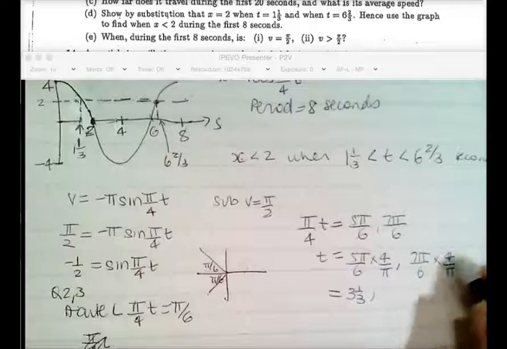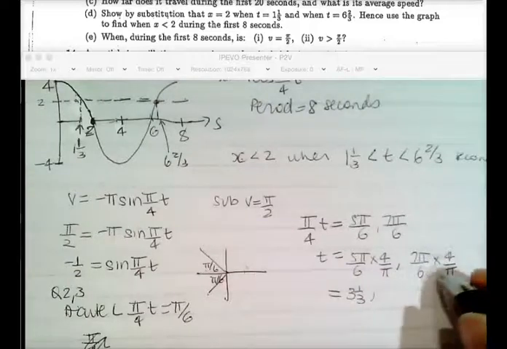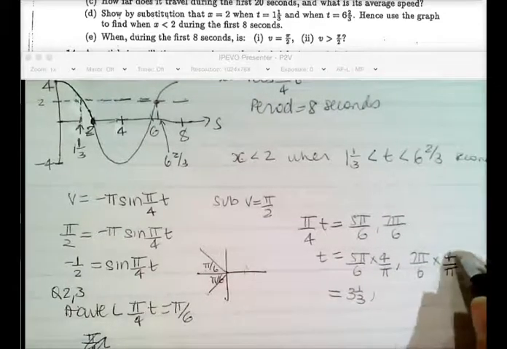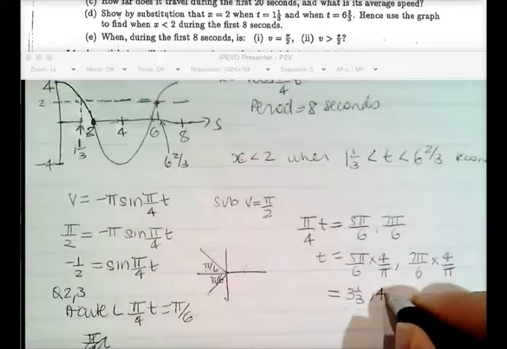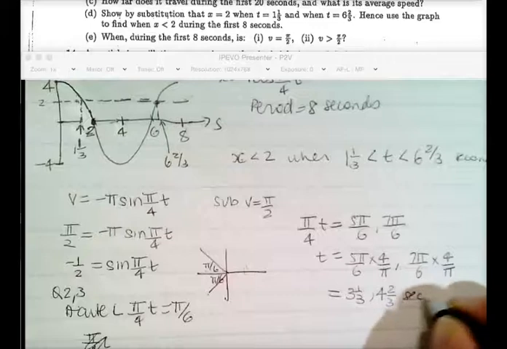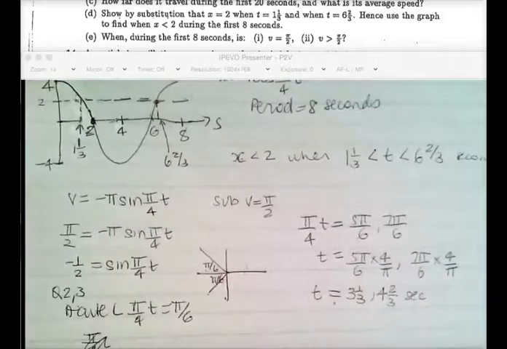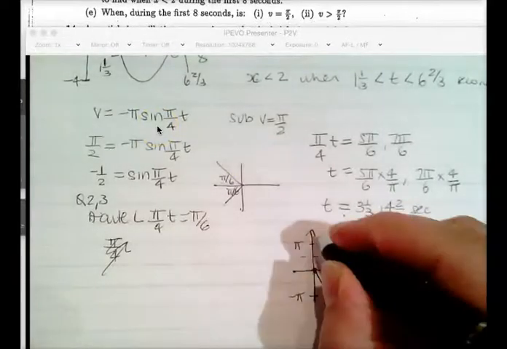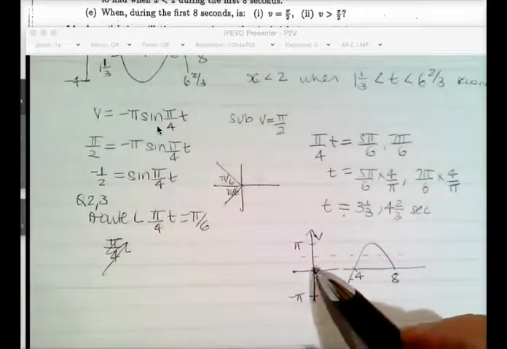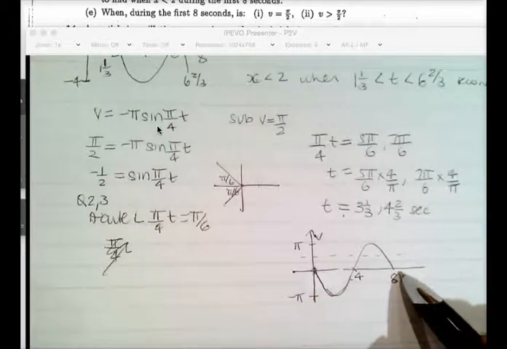And we get 14 on 3, which is 4 2/3 seconds. So therefore, at time is 3 1/3 and 4 2/3 seconds, we get that the velocity equals pi on 2. Something wrong here, because if I sketch the curve of velocity equals negative pi sine pi on 4t, it looks like that.